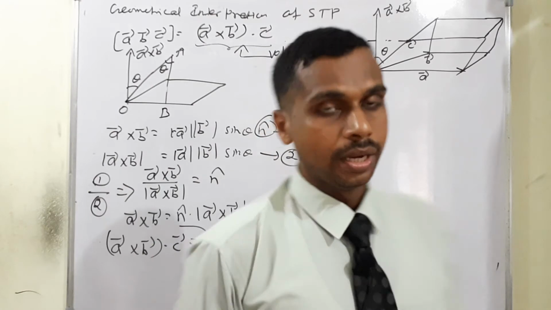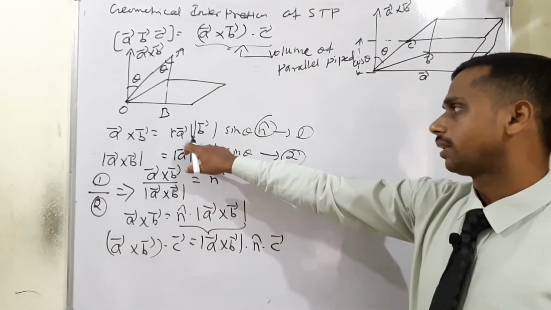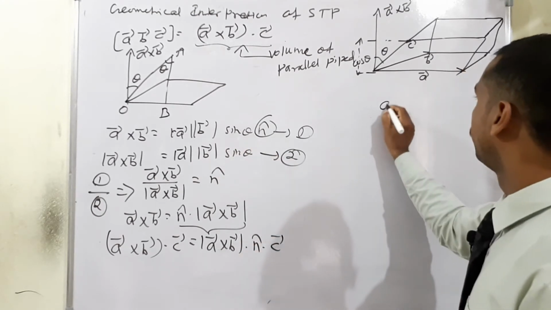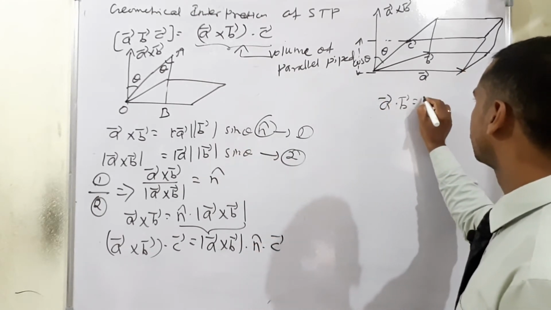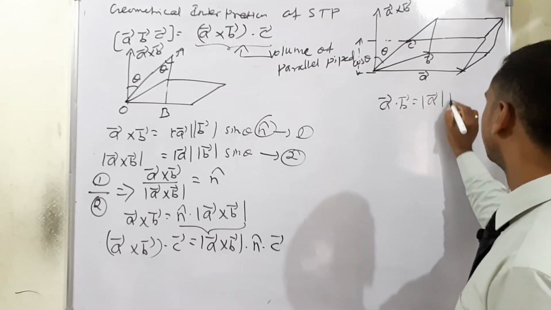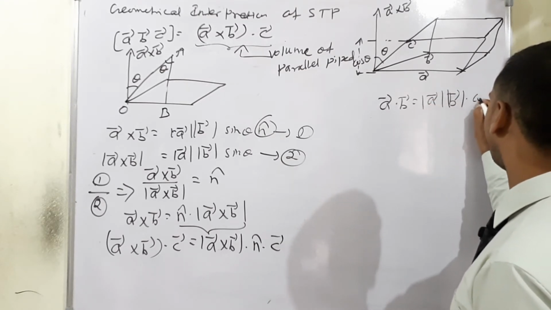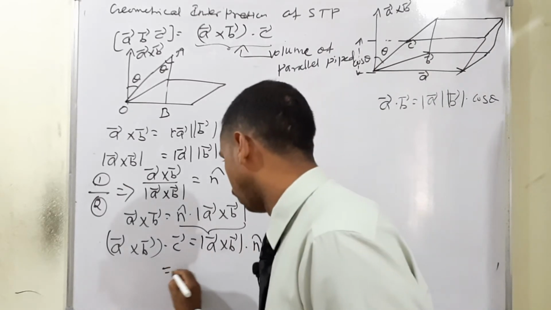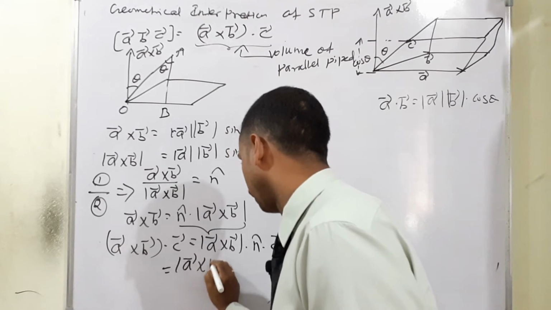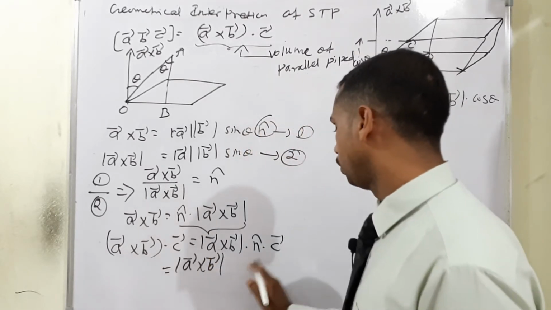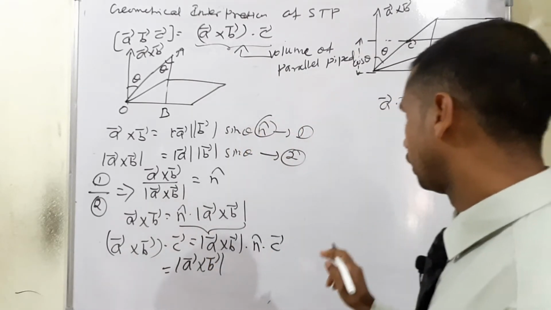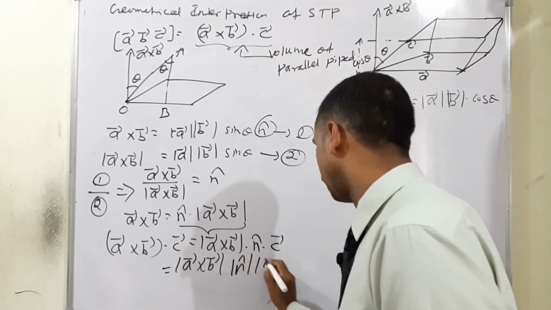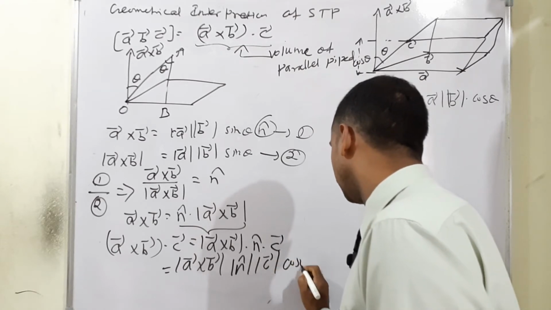We know A vector dot B vector is equal to modulus of A vector into modulus of B vector into cos theta. So instead of n cap dot C vector, we write modulus of n cap into modulus of C vector into cos theta.